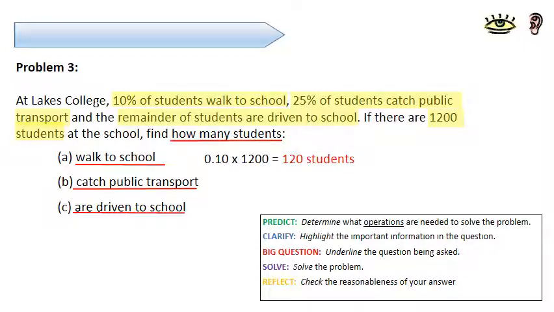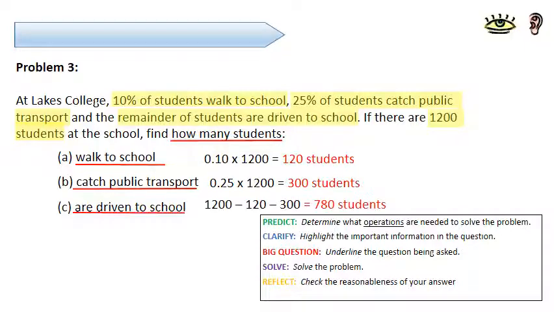It gives us 120. We have 25%, which is 0.25 times our total number of students, which gives us 300. And the remainder, 1,200 minus 120 who walk, minus a further 300 who catch public transport, leaves us with 780 students who are driven to school.